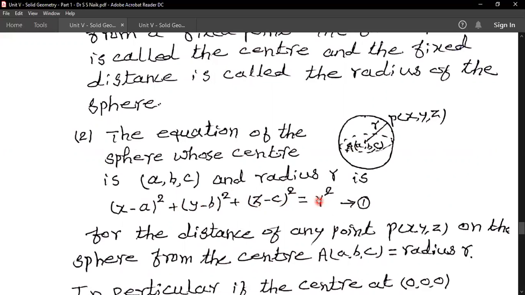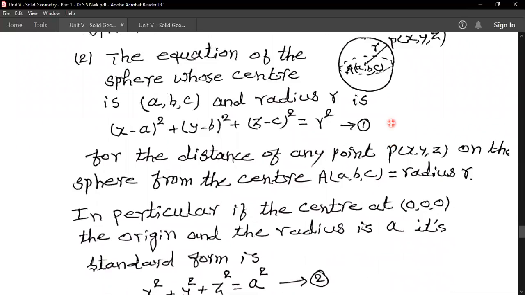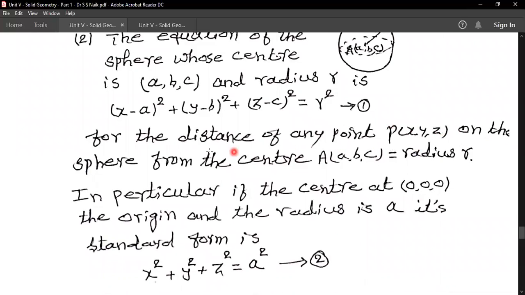This represents an equation of a sphere with center (a, b, c) and radius r, where we have taken any point on that sphere as P(x, y, z), for the distance of P from the center is equal to the radius r.